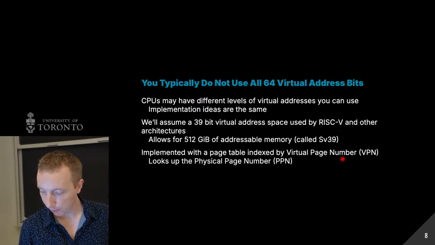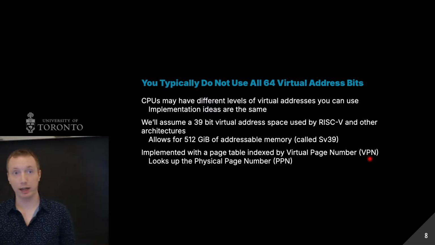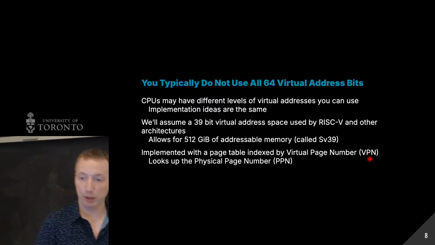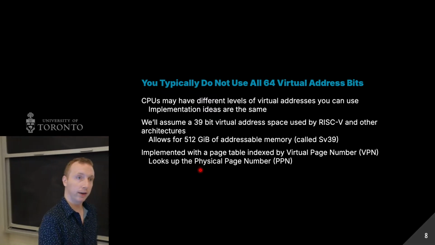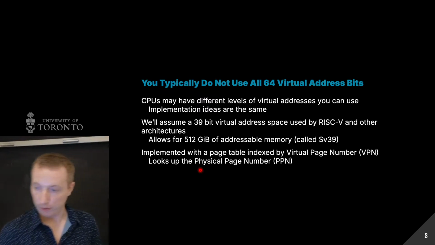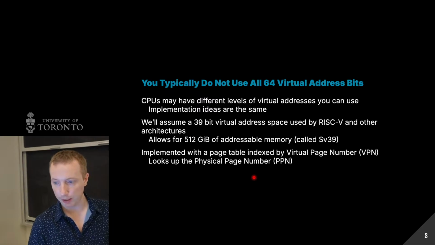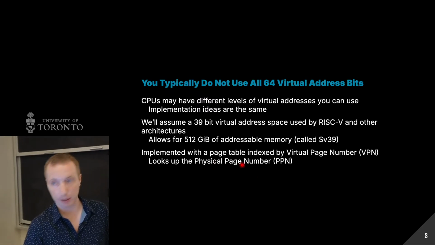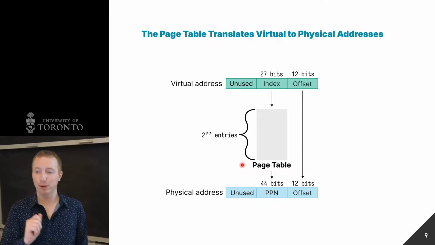The virtual page number you can think of as the index of a virtual page, and the physical page number is the index of a physical page, so actual physical memory. Typically you call them virtual page numbers, or VPNs, and physical page numbers, or PPNs.